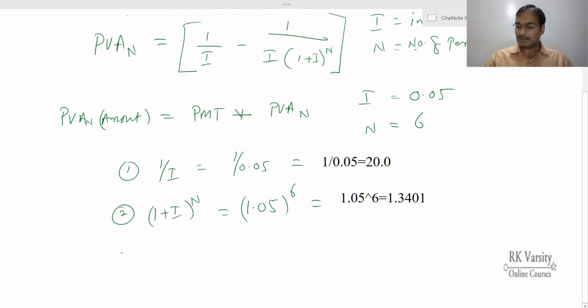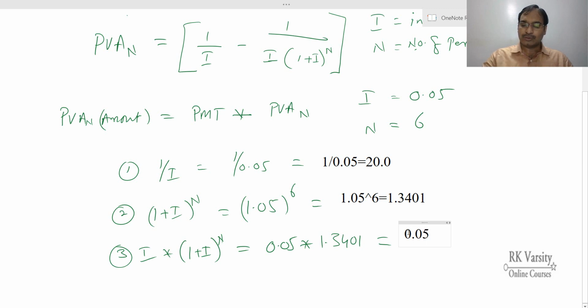Then in the third step, I times (1 plus I) to the power of N, so this equals 0.05 times 1.3401, so this is 0.067.